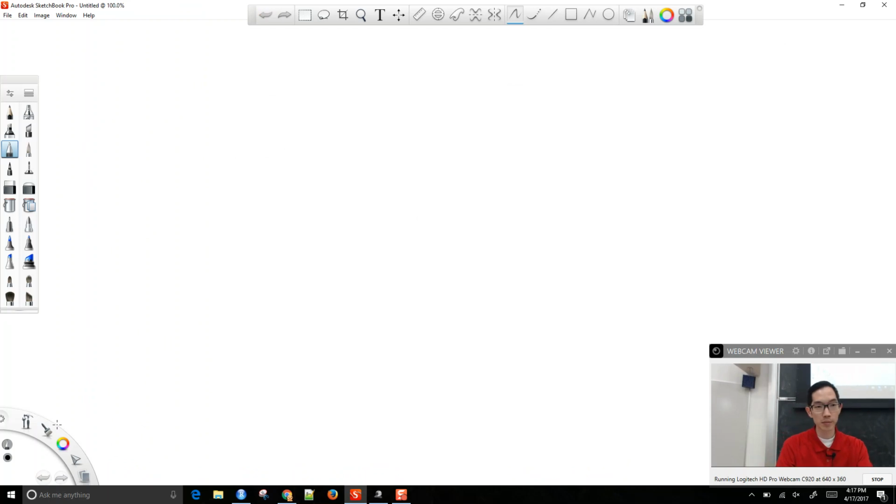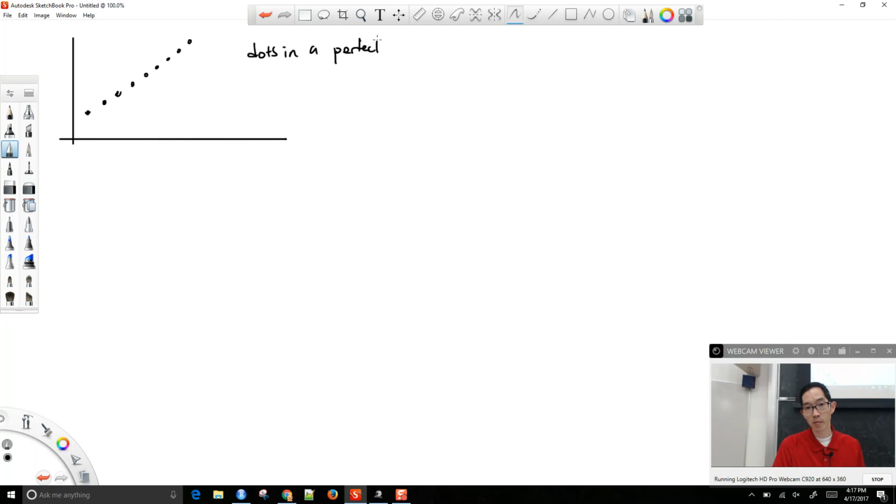We have dots in a perfect straight line. In this case, r is equal to positive 1.